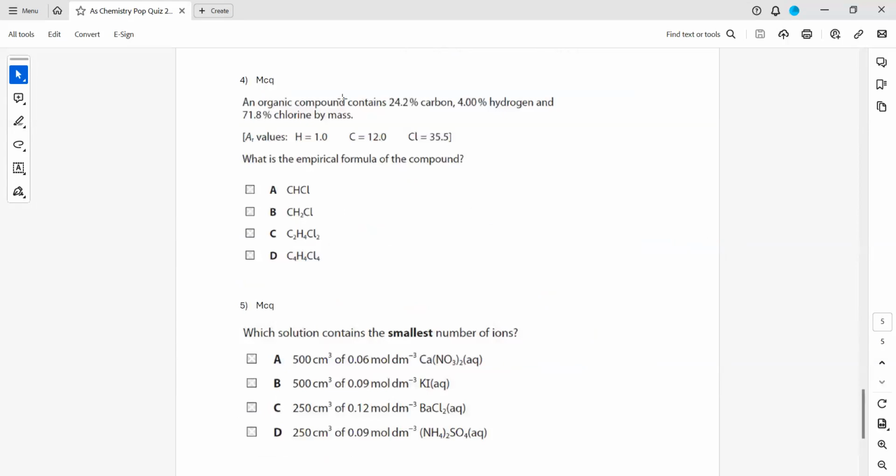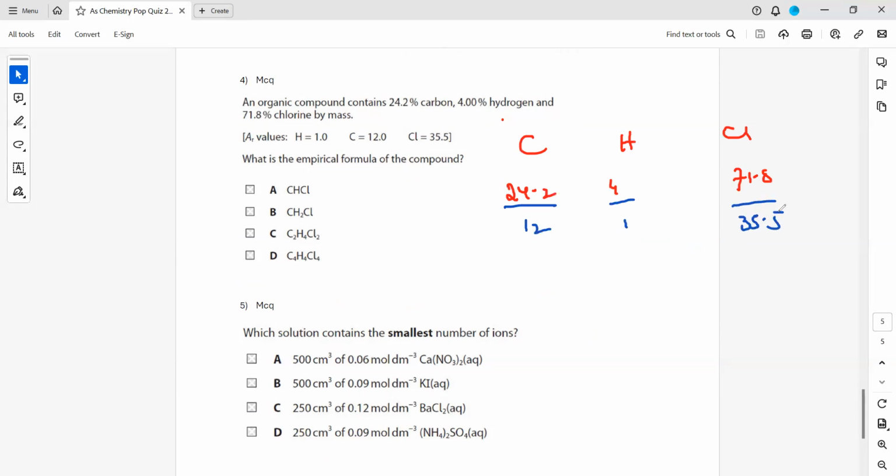An organic compound has carbon, hydrogen, oxygen and chlorine. The percentages are 24.2, 4, and 71.8. The first step for finding the empirical formula is to divide by atomic mass: 12, 1, and 35.5.